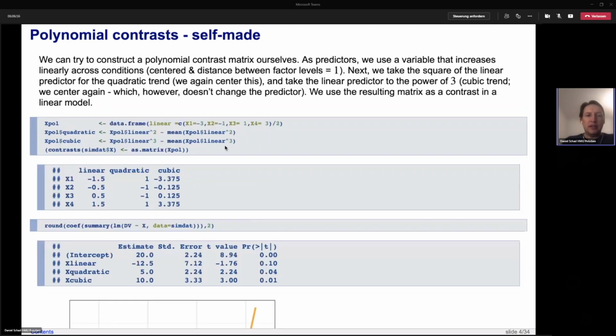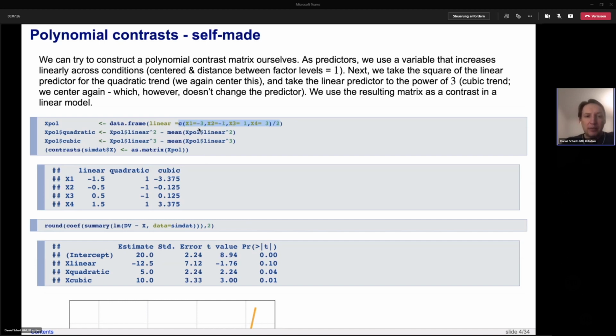So how would we define contrasts that test polynomial effects? We can just implement a linear effect. This is shown here. We center our predictor, so we make sure the mean of the predictor is 0. That's always useful, because then, as we learned in the previous sessions, the intercept is the grand mean, which is desirable in many situations.